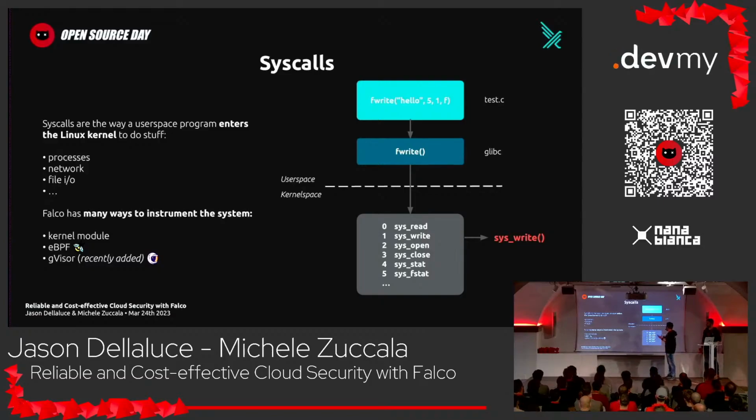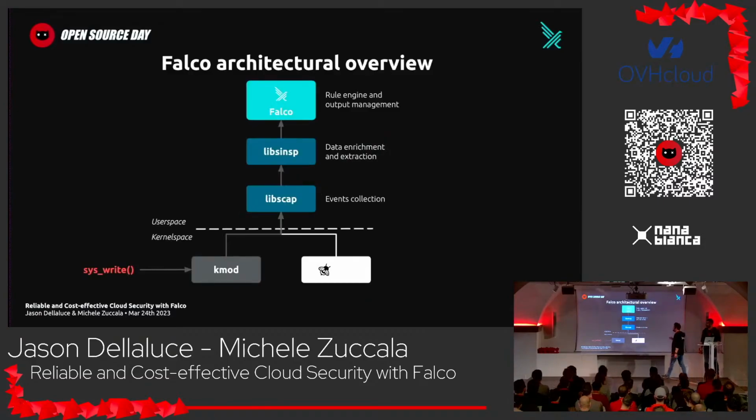The kernel does a translation between what you asked and the internal logic of calling its own internals, and actually calls a syscall named syswrite. As soon as this happens, that syscall gets fed into Falco, gets decorated, and gets processed against our rule set. So for example, if you had a rule that doesn't allow writing to that specific file, you would get alerted. And this, of course, extends to all the operations that the kernel does, like file system, networking, computation, or whatever.